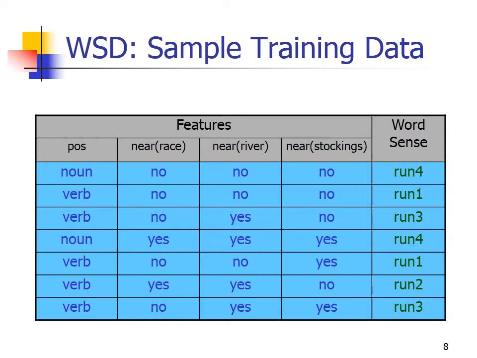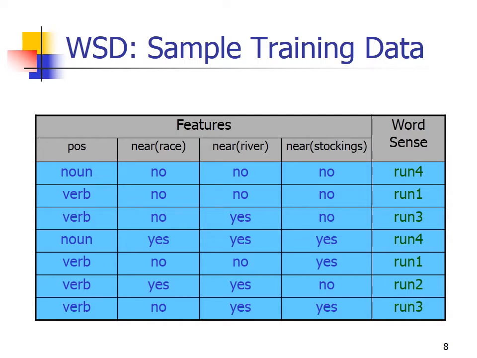Suppose POS is a noun, and it is not one of the 3, then the classification is run 4. Similarly, if POS is a verb and it's none of them, then it is run 1.